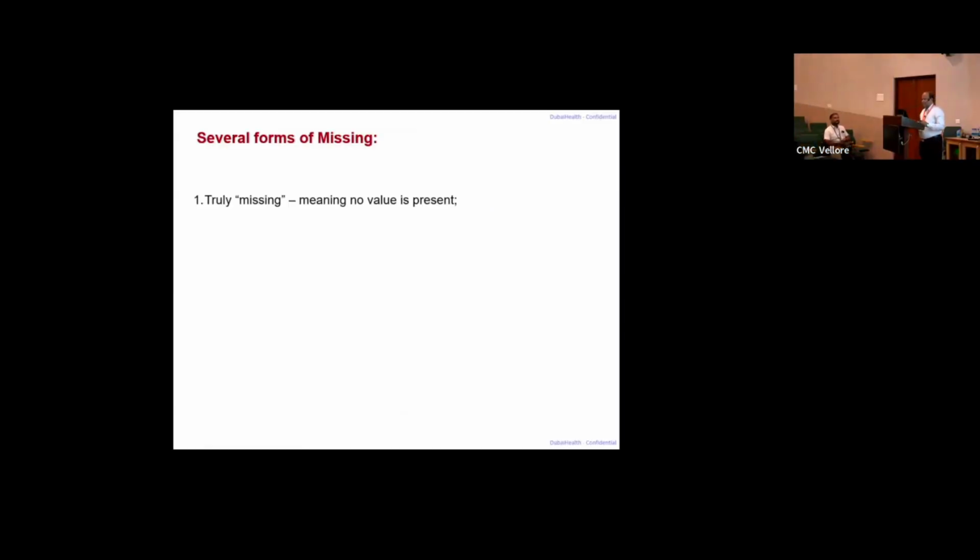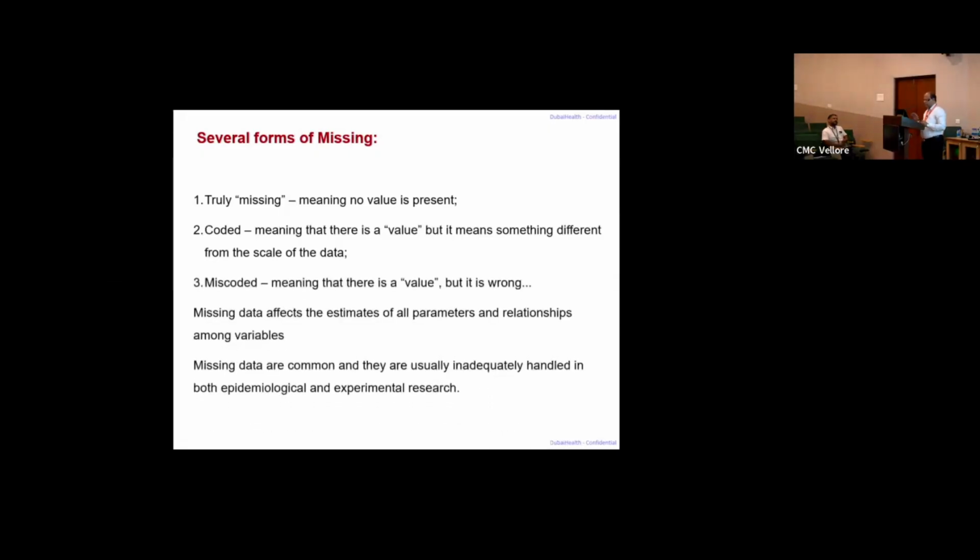The data is truly missing, which means that no value is present, or it is coded, but it is something different. It is wrong entries or whatever. And miscoded means that there is a value, but it is wrong. Usually the second one happens because missing values or wrong values are entered.